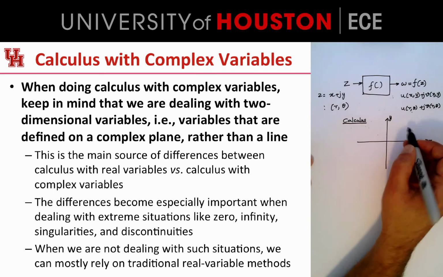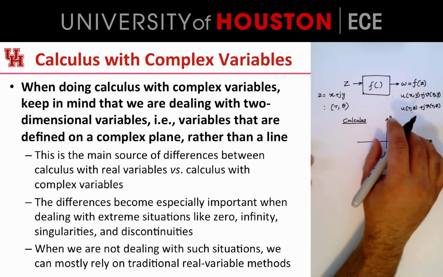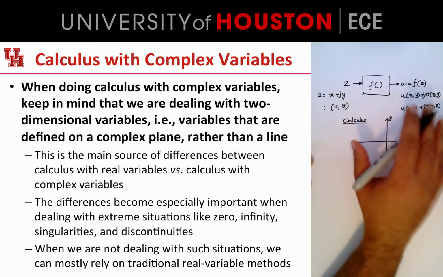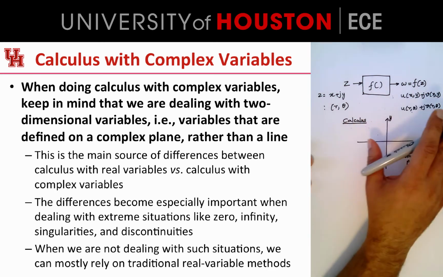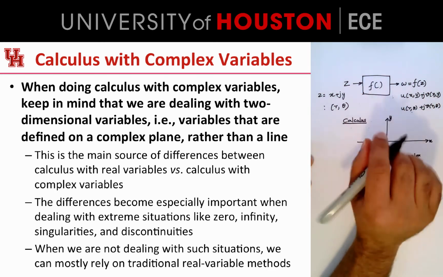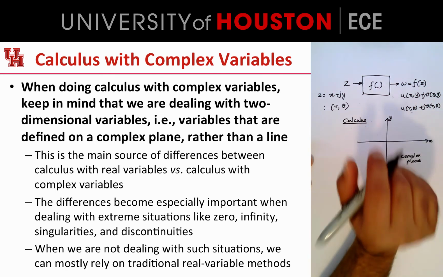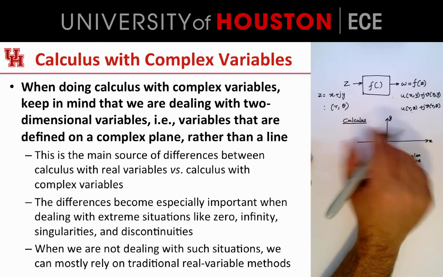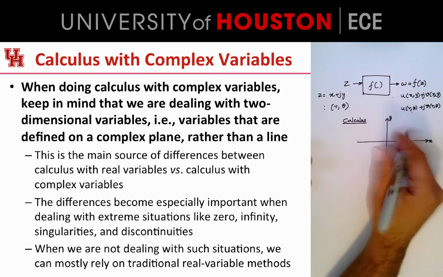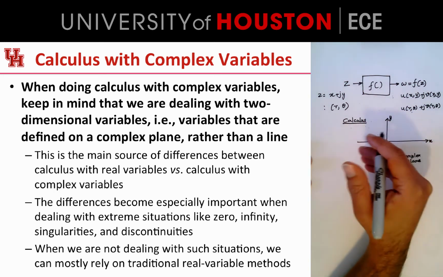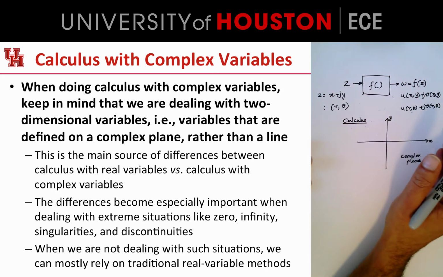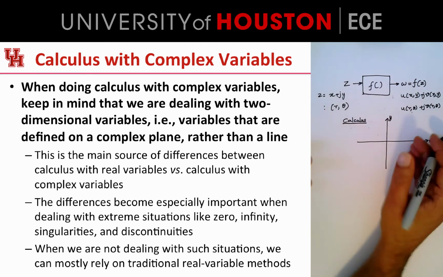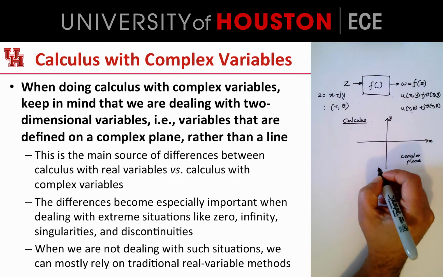Some of these differences will also become front and center when we are dealing with some extreme situations, you know, something is zero, or something is infinity, or a denominator approaches zero, or some singularities and things like that. Now, when we're not dealing with such situations, our life will be very much similar to what it was with real variable calculus.